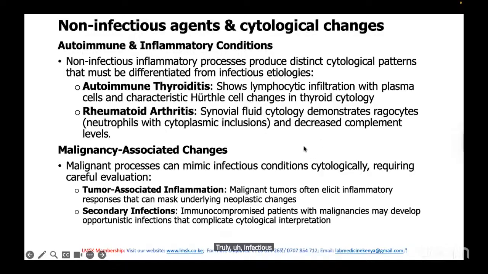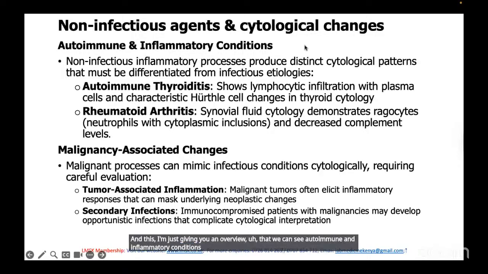So let's look at the non-infectious agents and cytological changes. I'm just giving you an overview that we can see autoimmune and inflammatory conditions. We can use cytological techniques to say a patient has an autoimmune disease or an inflammatory condition.